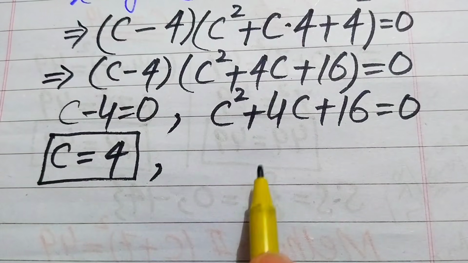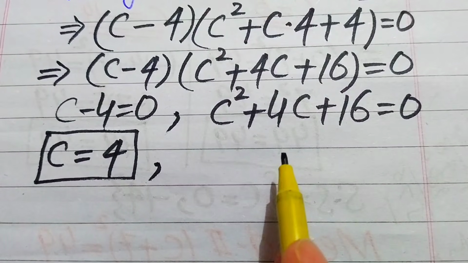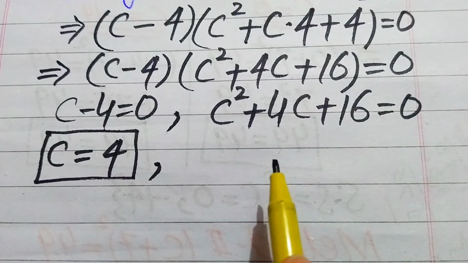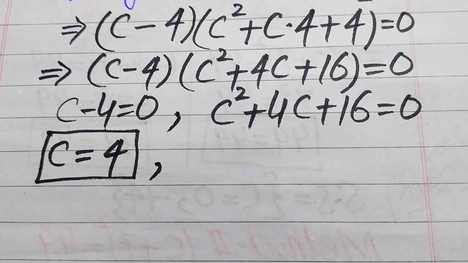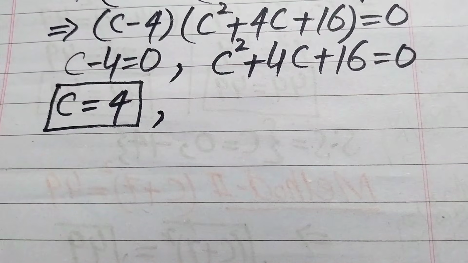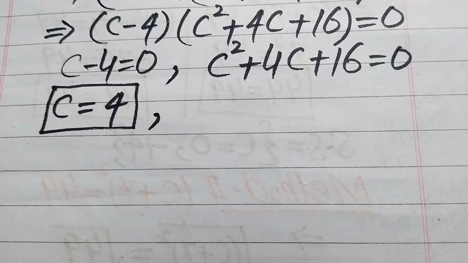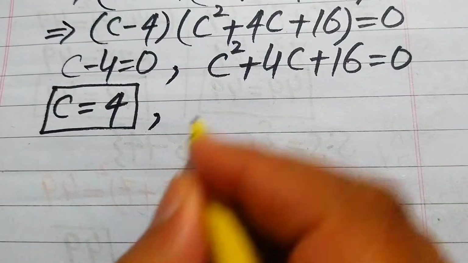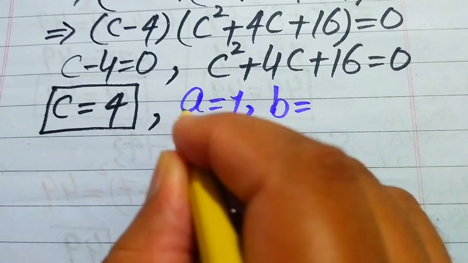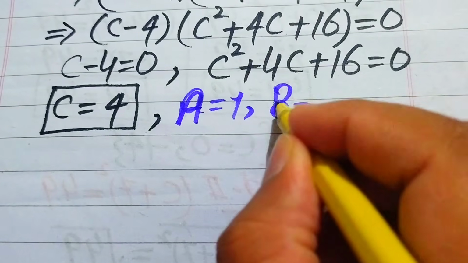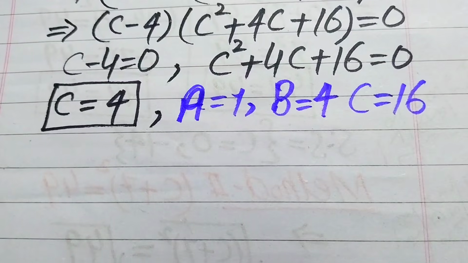And now this is the quadratic equation, and we know that there are three methods to solve the quadratic equation. The first method is the factorization method, the second one is the completing square method, and the third one is by applying the quadratic formula. So here we use the quadratic formula to solve this quadratic equation. So first we write the coefficients of this equation: a is equal to 1, b is equal to 4, and c is equal to 16.